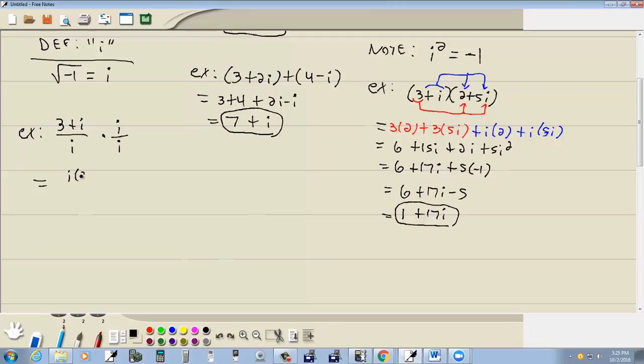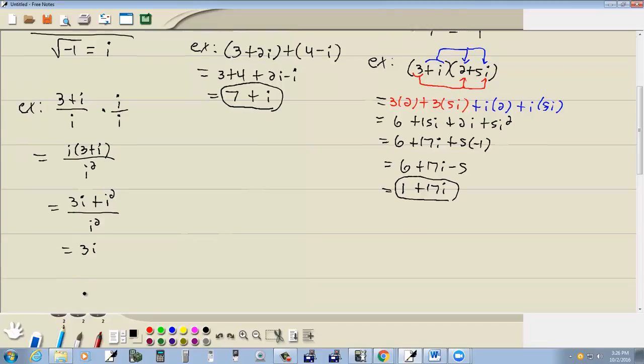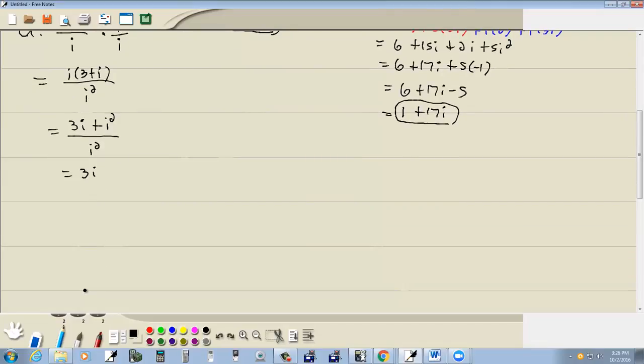So we're going to have i times 3 plus i. And down here we have i times i, which is i squared. Now i times 3 is 3i, and i times i is i squared over i squared. Now we said earlier that we cannot have an i squared, but i squared is equal to negative 1. So we're going to have 3i plus negative 1 over negative 1.